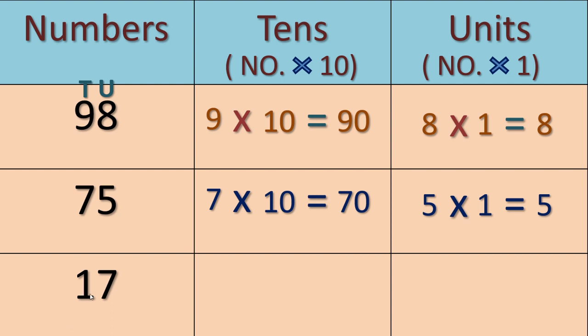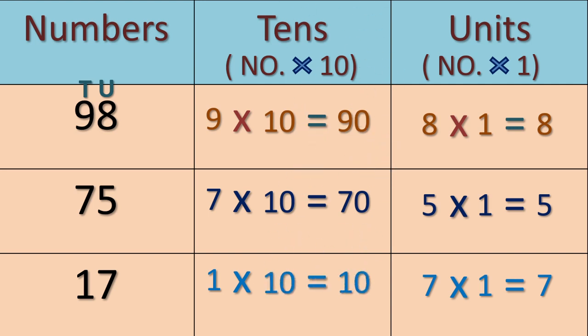Okay. Next number is 17. 1, 7. 7 is in the unit place. So 7 multiplied by 1, that is 7 ones are 7. And 1 is in the tens place. So 1 multiplied by 10, that is equal to 1 tens are 10. Got this, children?